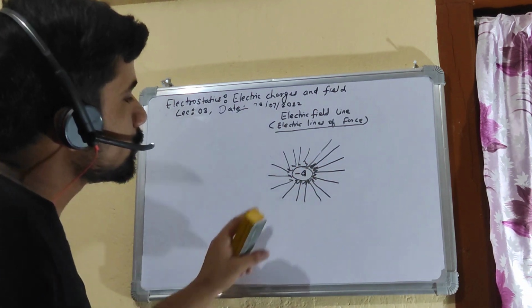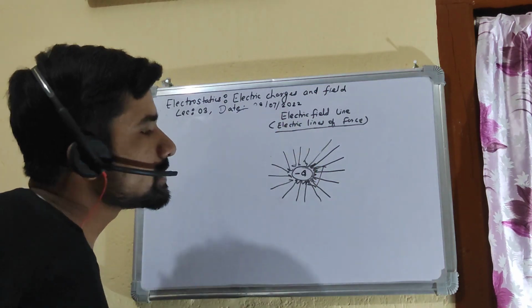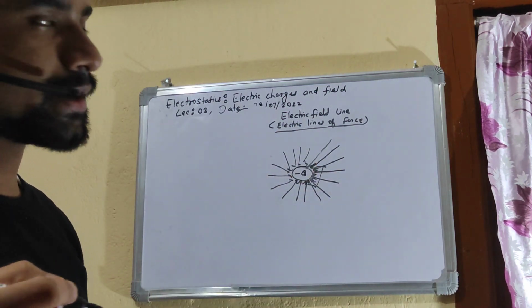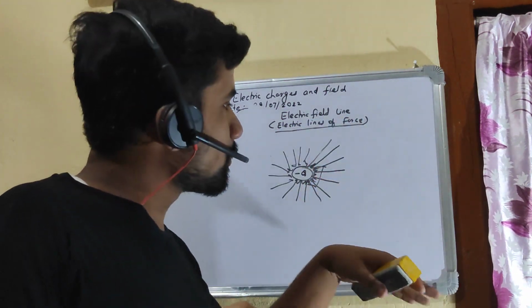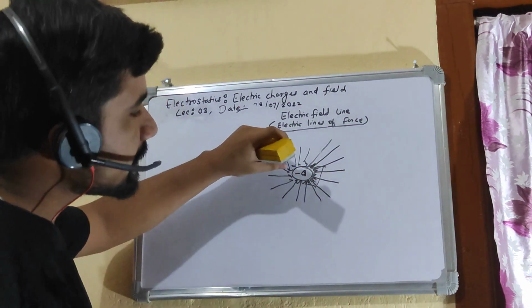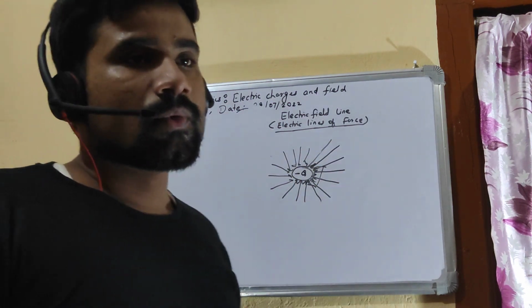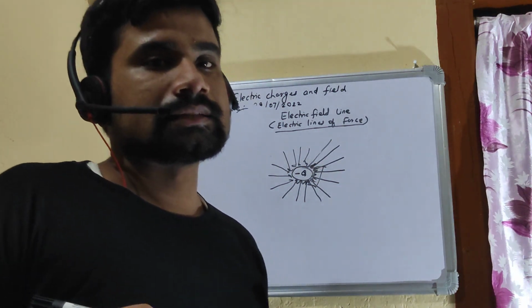You can see again, the nearer you are, the density of lines is more. The farther you go, the lines are more separated. The lines are closer at the nearby points, right? So this is what electric field lines are, right?